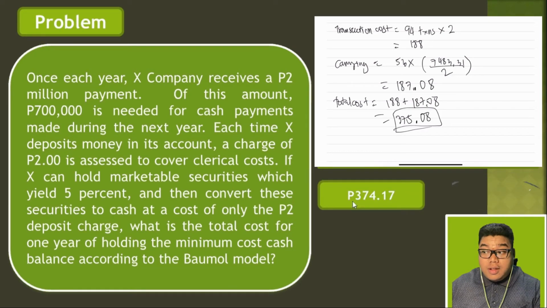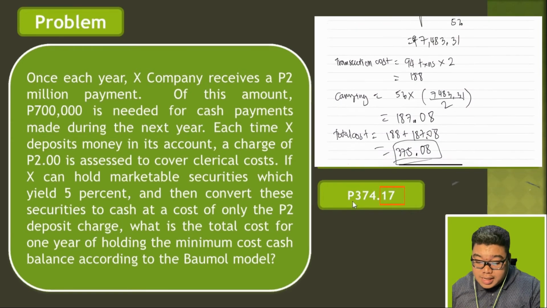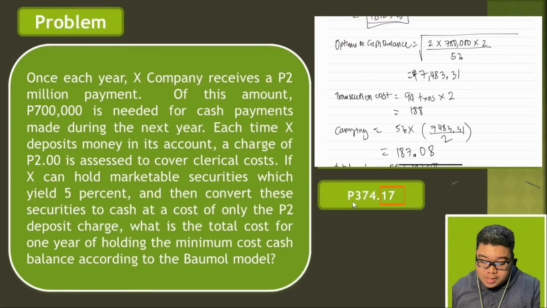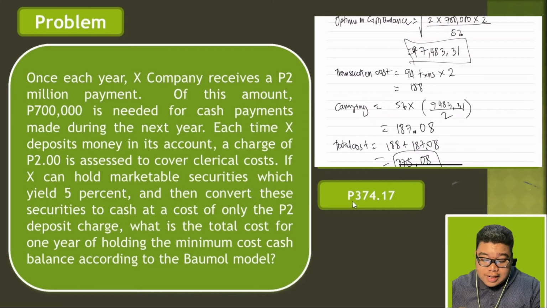So 374.17 actually is the amount that you will compute if you would use continuous computation. But in this case, it is better actually to use 2 decimal places, since you would maintain a peso amount of 7,483.31. And the transaction cost must be on full transactions, because you cannot do partial transactions.